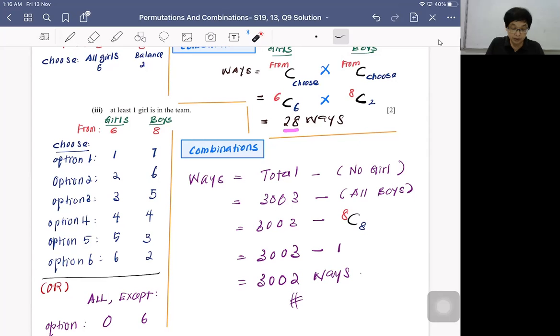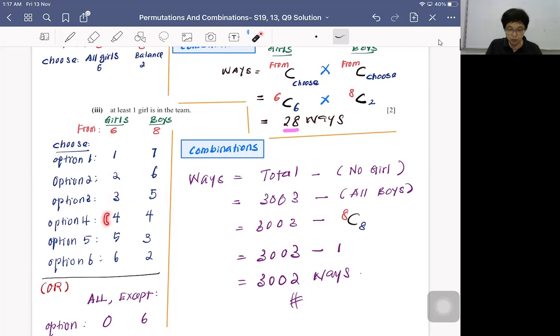I have listed down the options for your understanding. For the first option, at least 1 girl and a balance of 7 from the boys. Or option 2, the girls take up 2 vacancies and the balance 6 is taken up by the boys. Or the third choice, where the girls take up 3 and the balance 5 is taken up by the boys.